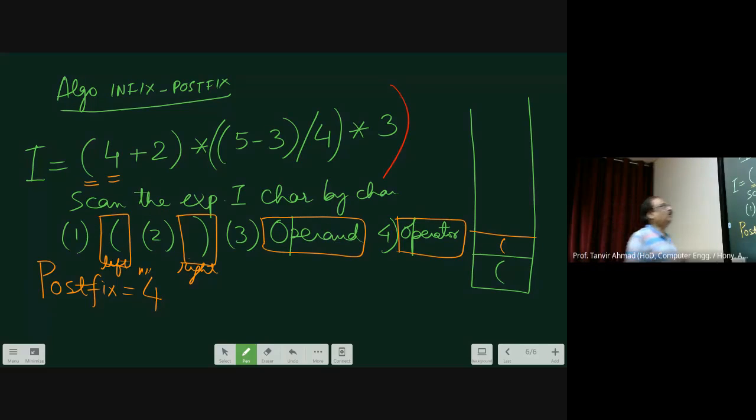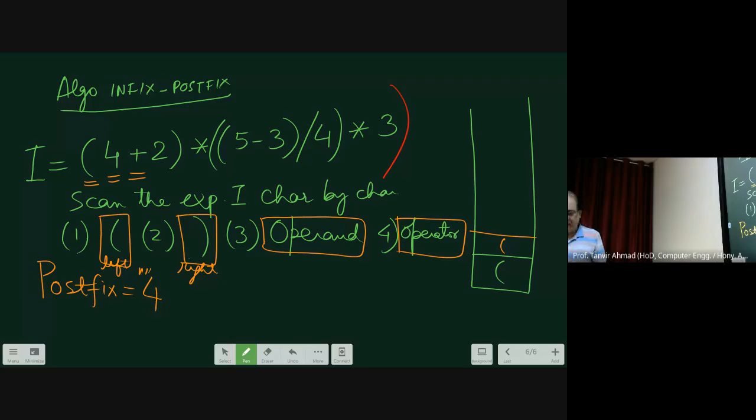Now I got an operator. Here you have to do many things, so do it carefully. If I get an operator, you have to repeatedly pop the operators from the stack, such that I pop all those operators in the stack which have equal or higher precedence than this operator.